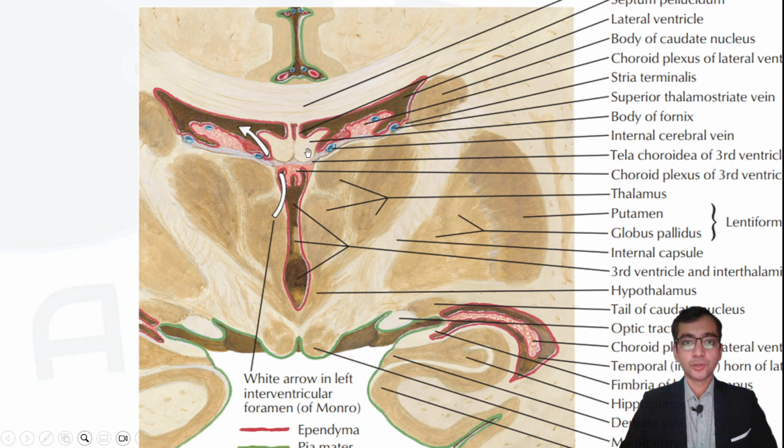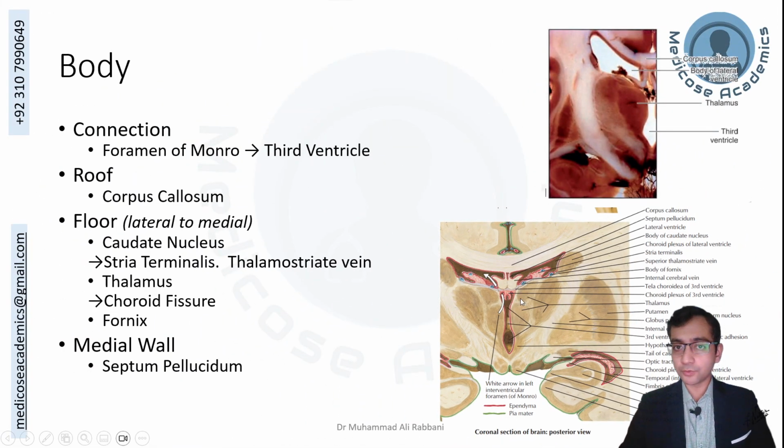So if we follow the floor from one end to the other, from this aspect you will see the fornix here, and the last one will be the caudate nucleus.